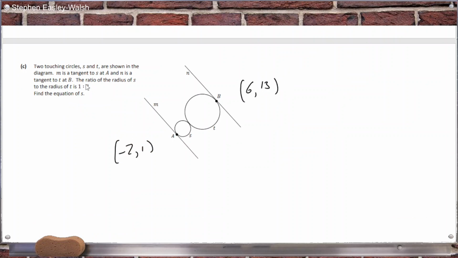And if it's in the ratio of 1 to 3, so that's like 1 unit, 1 unit, 1, 2, 3 units, and then 3 more units. I can't quite draw it small enough.